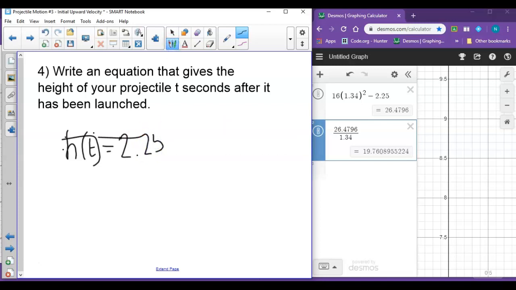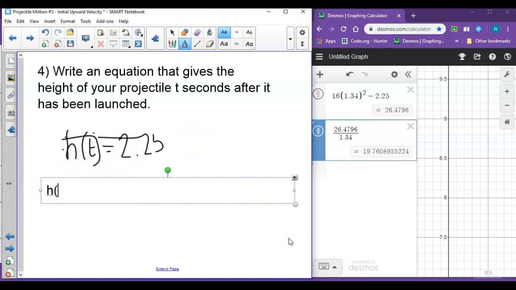Oh, let me just type this. This is really writing terrible. So h of t equals 2.25 plus 19.761 t minus 16t squared. That is our equation for number 4.